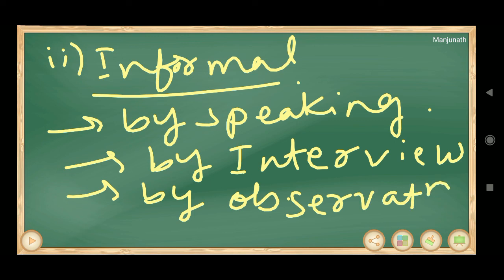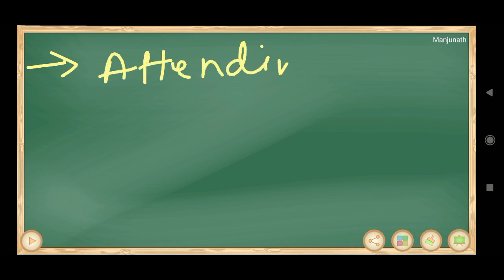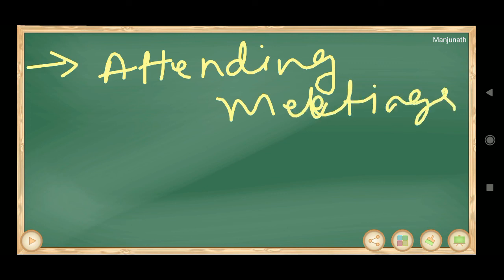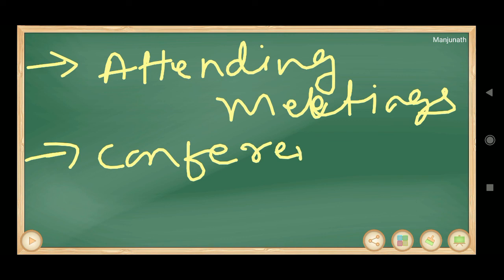So by observation, interview, speaking with a person, and sometimes by attending meetings and various conferences, usually attended by research scholars. So like this, in the informal way, you get information from informal sources of information.